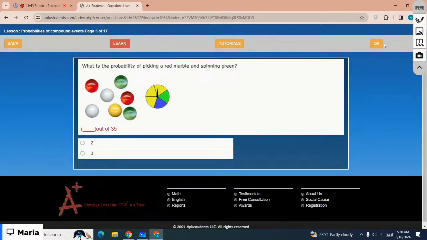What is the probability of picking a red marble and spinning green? Which is the correct option?